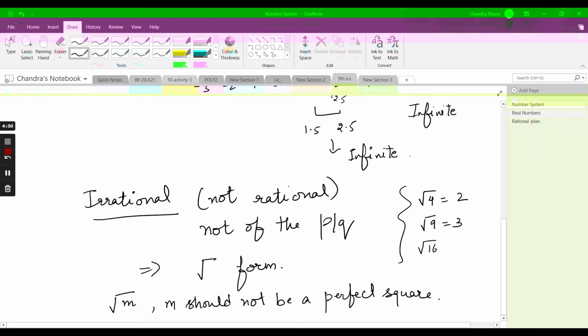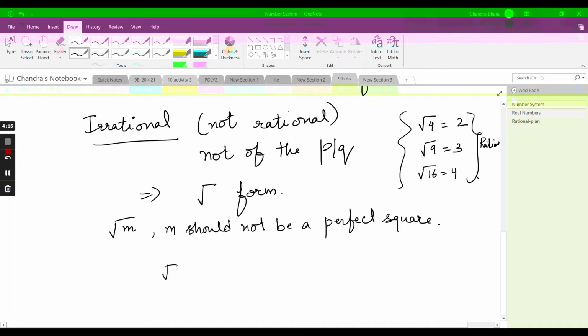Root 16, that will be 4. So they are not irrationals, they are rationals. So we should keep in mind that under the root we should not have a perfect square. We can have numbers like root 2, root 3, root 5, root 7, root 23, and so on, but it should not be a perfect square.